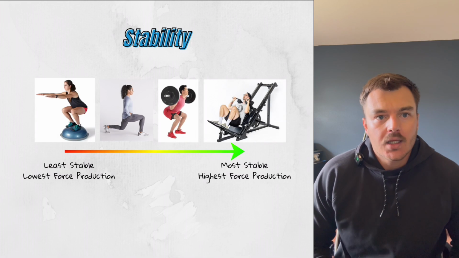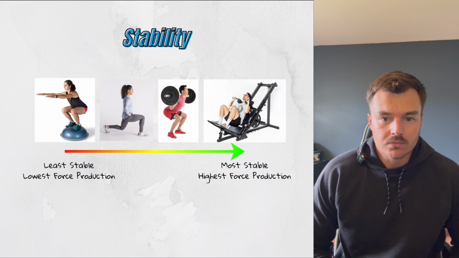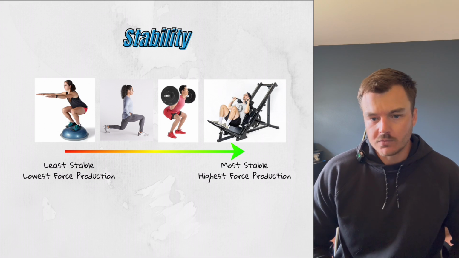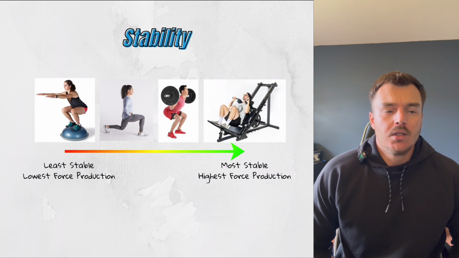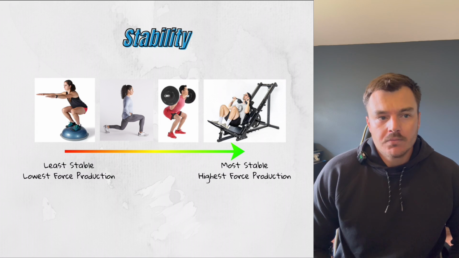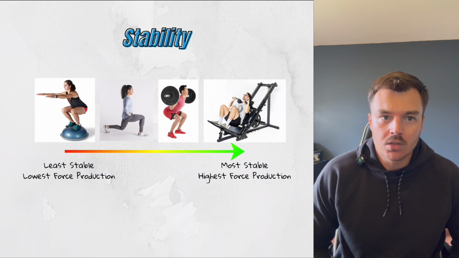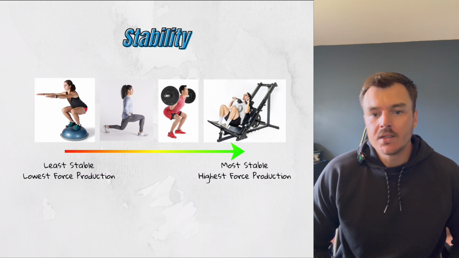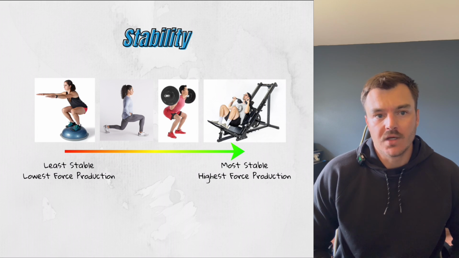So when we're picking a movement that is going to be included as our primary strength driver for a training cycle, or whatever movement selection we want to go with for building strength in a program, you want to be using movements that are more stable. In general, lower stability leads to more neural inhibition, and with more neural inhibition, you are limiting the amount of force that your brain will allow you to put through the muscle fibers.